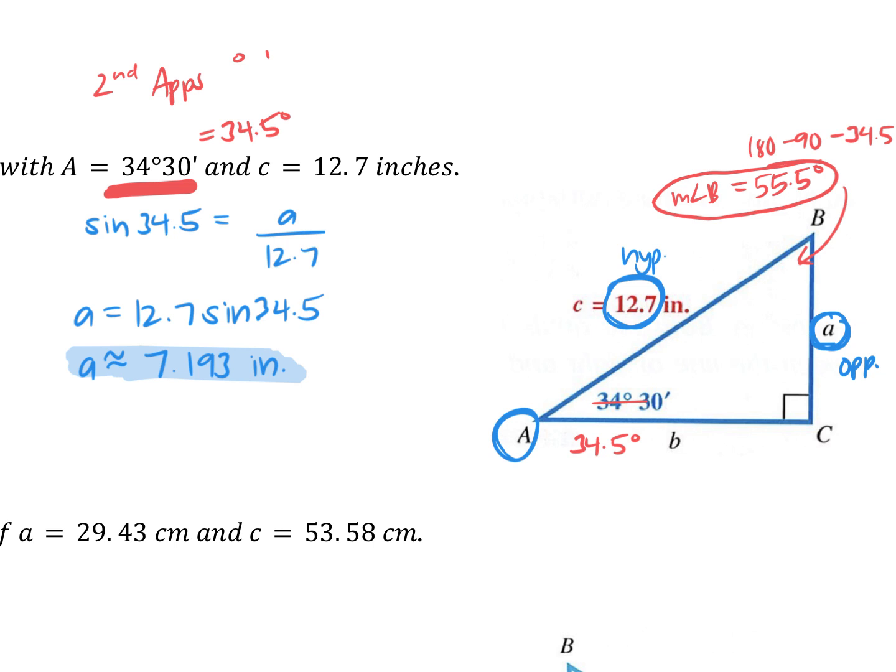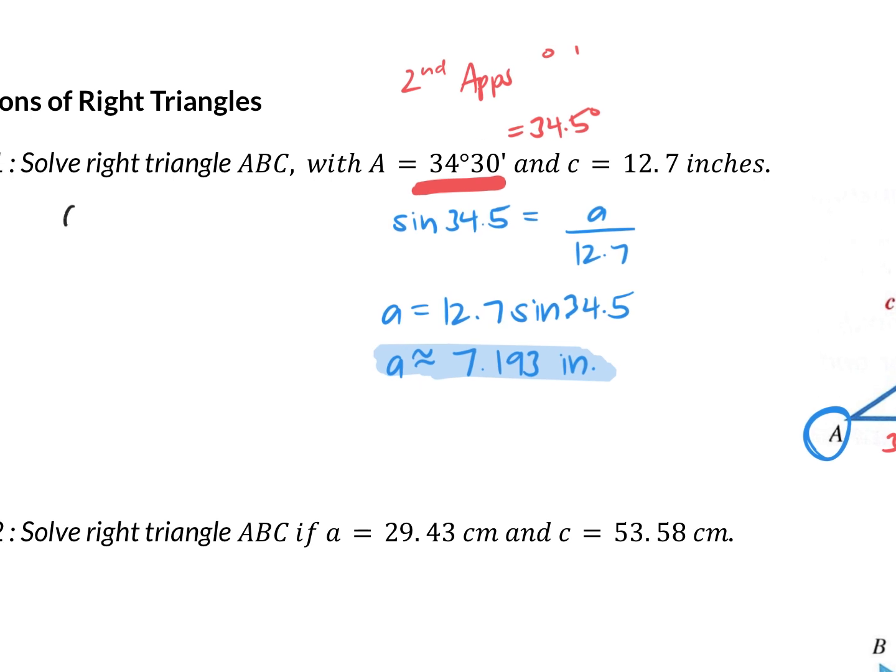How is B and the 12.7 related? Is it opposite, adjacent? What is it? It's adjacent over hypotenuse, which means I'm going to use what trig function? Cosine, okay? So I'm going to do cosine of 34.5 is equal to B over 12.7.